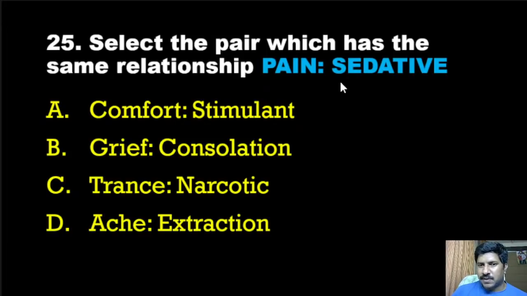So like that you need to find the same relationship pair from the options: comfort and stimulant, grief and consolation, trance and narcotic, ache and extraction. Same like pain and sedative, you need to select one pair from the options.